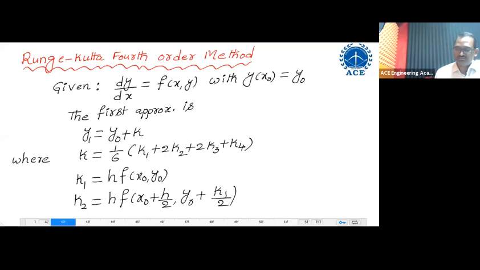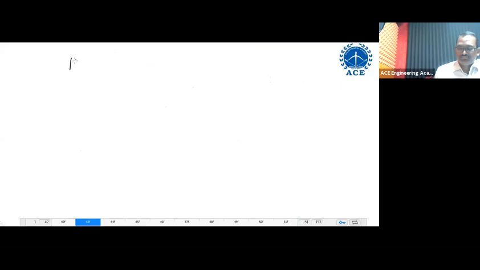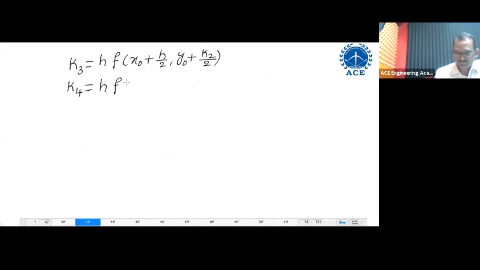Next, k3 is equal to h into f of x naught plus h by 2, y naught plus k2 by 2. K4 is equal to h into f of x naught plus h comma y naught plus k3.